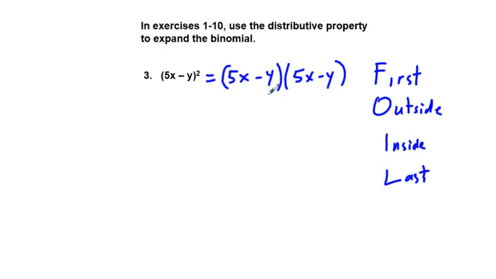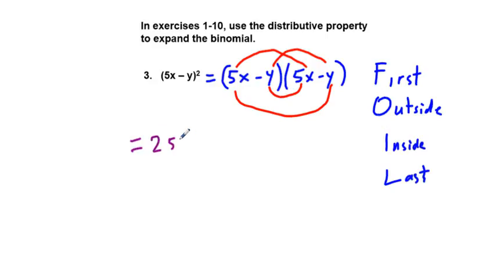And so we have first, well, first is going to be 5x by 5x. Outside is going to be 5x times negative y. Inside is going to be negative y times 5x. And the last is negative y times negative y. And we work all this out. We get 5x times 5x is 25x squared.